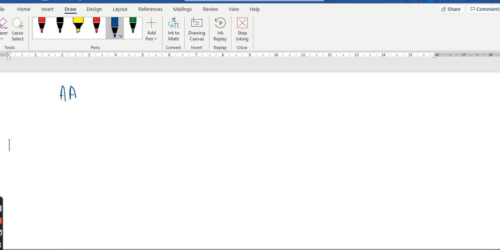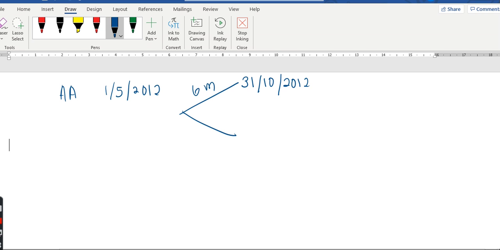The bond was issued on 1st of May 2012. The first interest is due on 31st of October 2012. This is the first 6 months, and then the next 6 months is due on 30th of April, but that is for the year 2013.